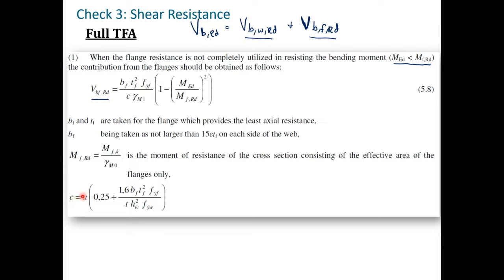Okay, so that's the factor that we can work out. Gamma M1 is the partial factor of safety, which is equal to 1, and then we have the demand divided by the capacity of the section. Okay, so we need to work all that out.